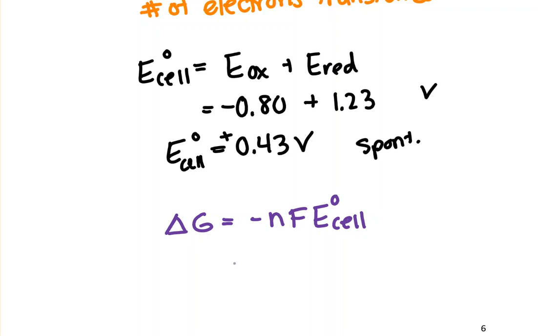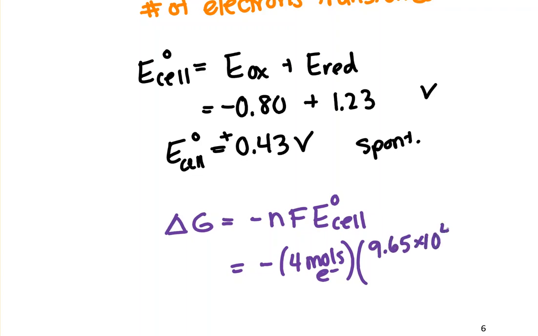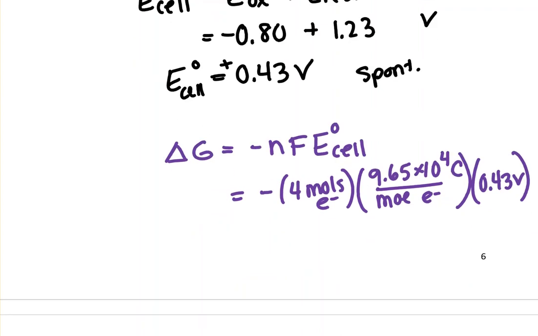So when I plug in, that number n is what we said before is 4 at the top. It's the number of electrons transferred. Okay, and the units do work out.